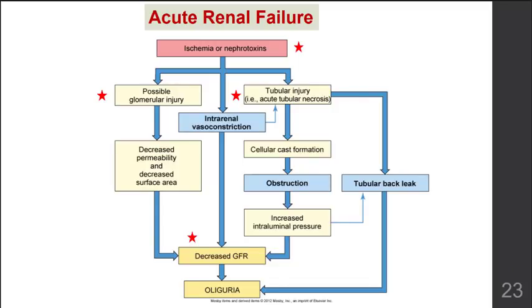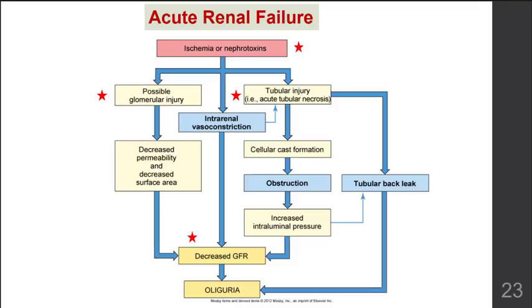This slide and the next slide compare acute and chronic renal failure. When we talk about acute renal failure, you can think of it more as acute kidney injury. Now, the cause is ischemia, so reduced blood flow, or the presence of nephrotoxins, substances that are toxic to the kidney.